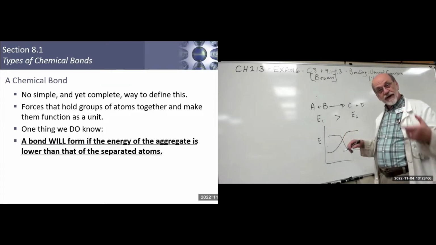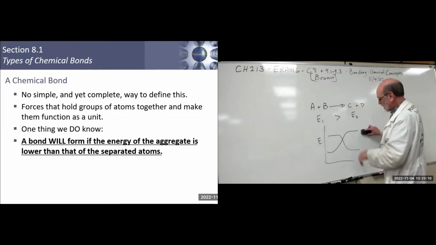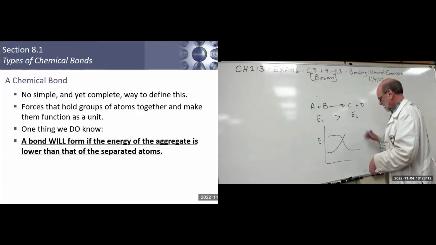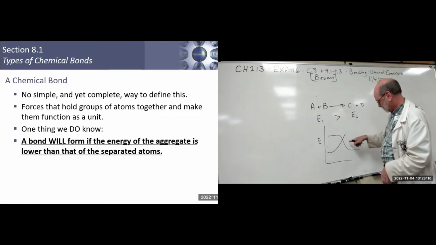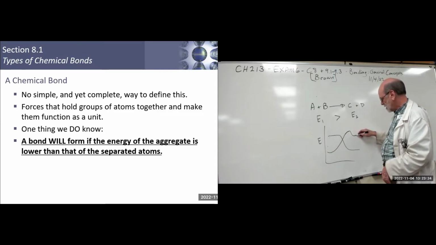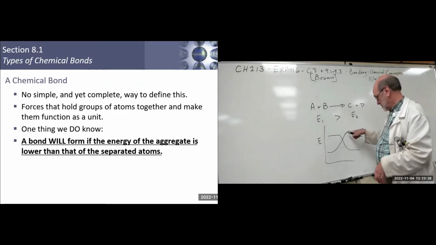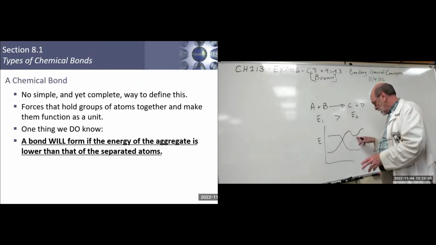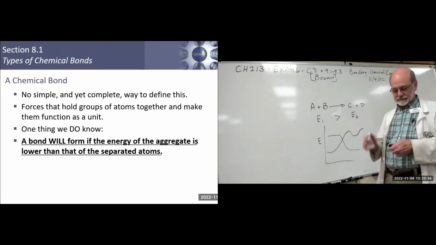What we found out is that the products on that side, even though they may be higher here, do occupy a local minimum. So they may peak out here, but they come down into this trough, which stabilizes them.